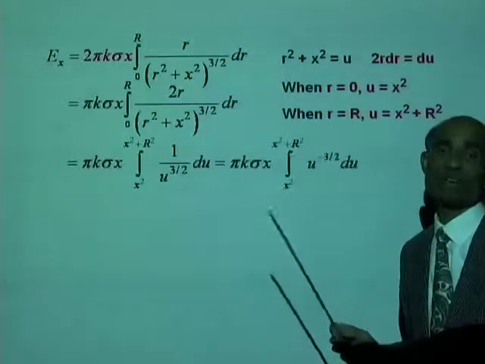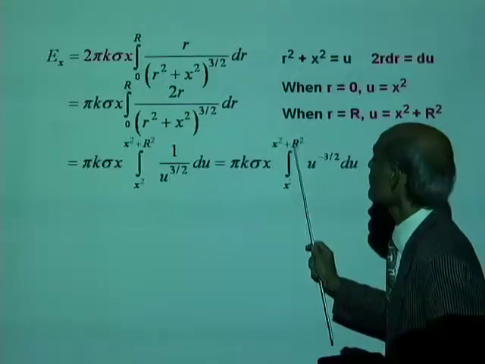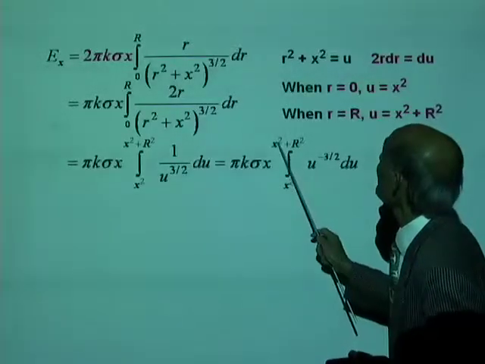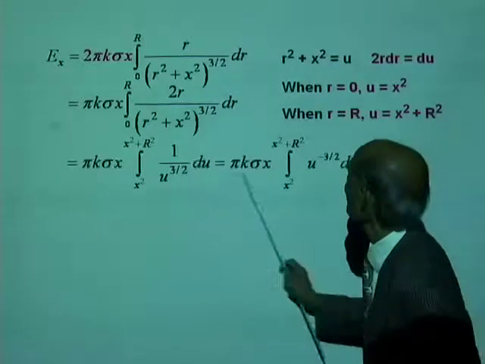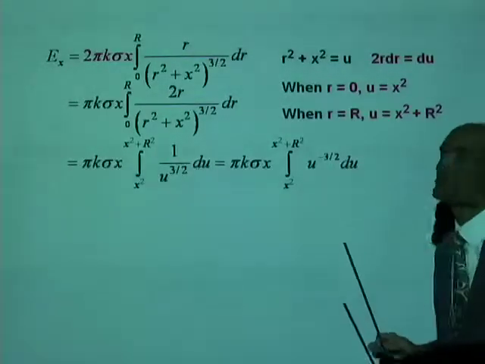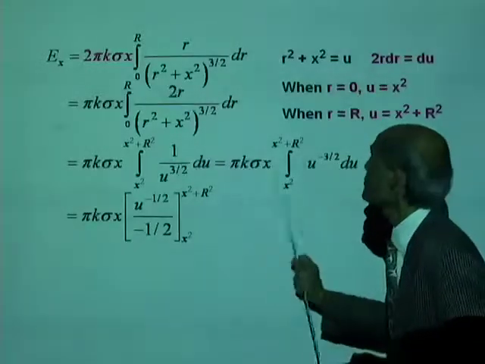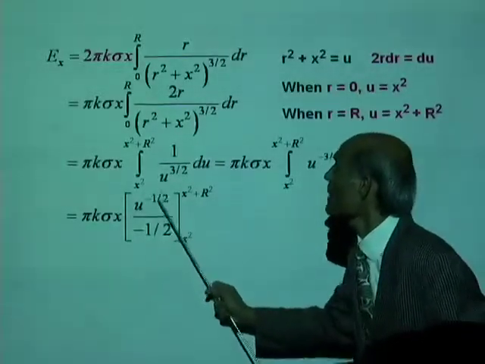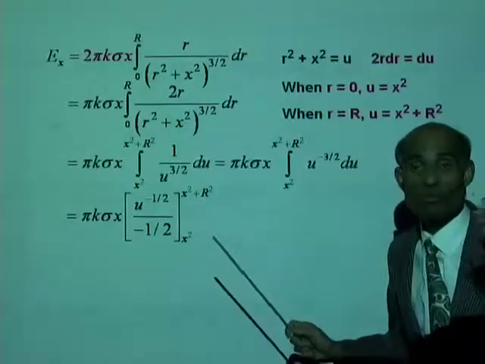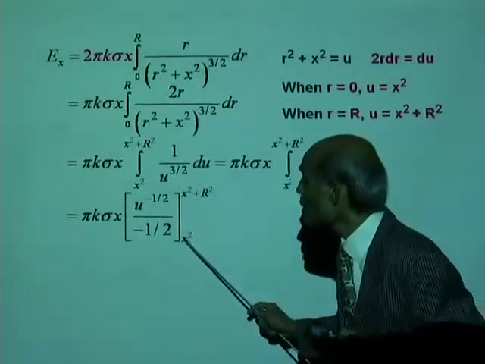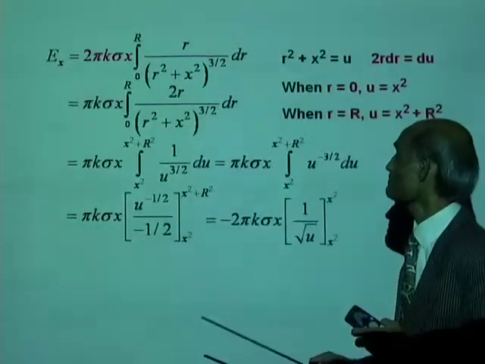You know how to integrate this. That will be pi k sigma x, integral of u to the power of negative 3 over 2 du, and the integral of that will be u to the power of negative 1/2 over negative 1/2 using the power rule for integration, with the lower and upper limits for u.